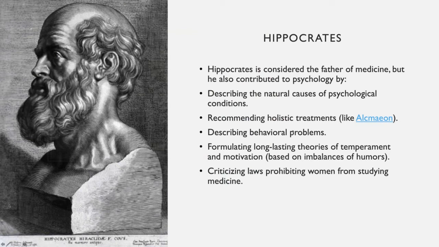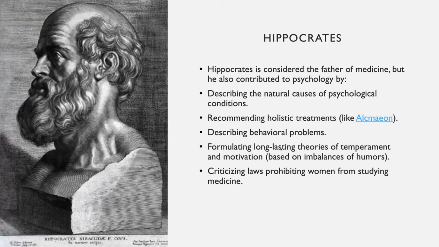He recommended different treatments that we call holistic today. We are going to see how this works. And he described some behavioral problems, and his theory about the cause of disease. We have to say it's not something that was his theory. He didn't create the theory of the four humors.